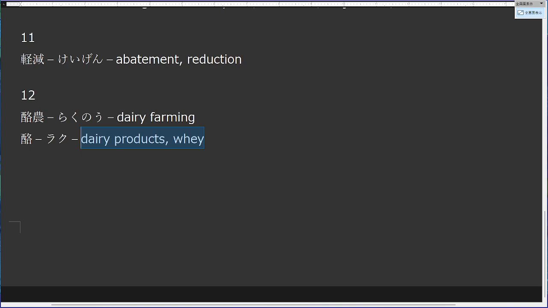Raku no. That's not no, I got no wrong. Raku no, no raku plus no. Raku no is literally translated dairy agriculture or dairy farming.